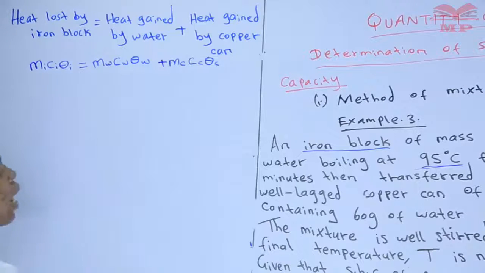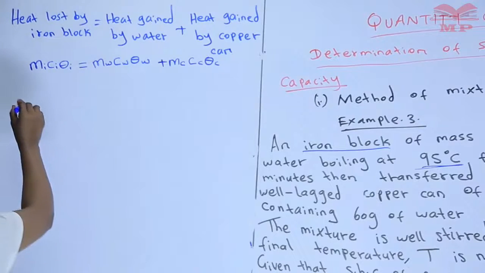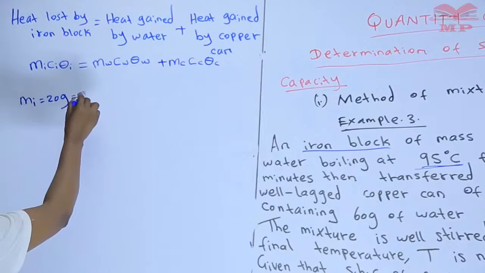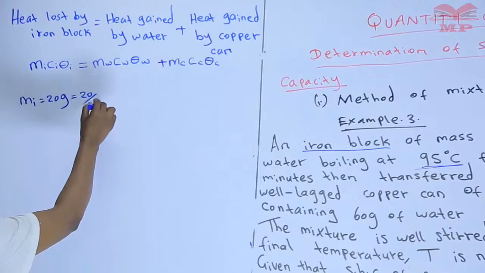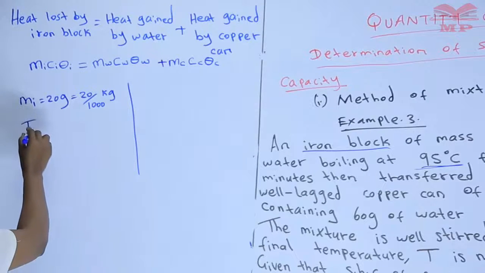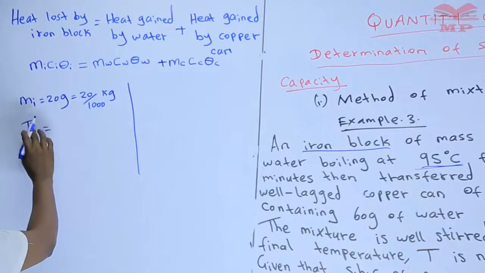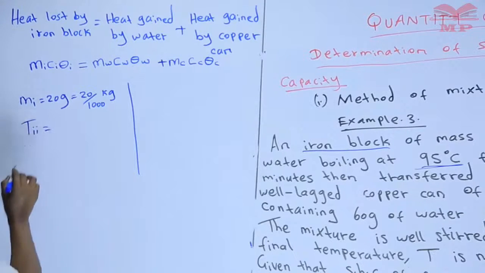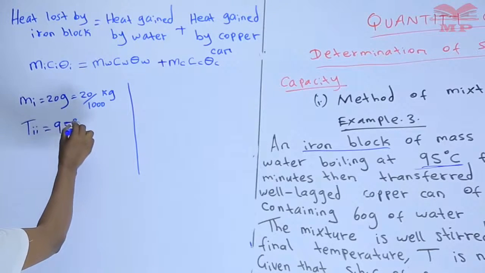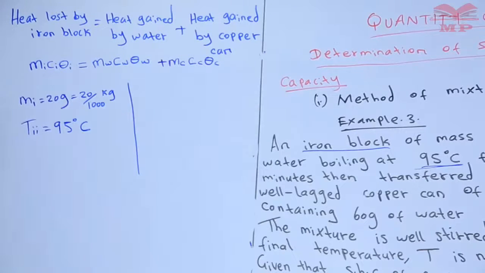So we have an iron block of mass. So the mass of iron is 20 grams, which is the same as 20 over 1,000 kilograms. Then left in boiling water, so it attains a temperature. The initial temperature of iron is 95 degrees Celsius. Then transferred to a well-lagged copper can of mass.